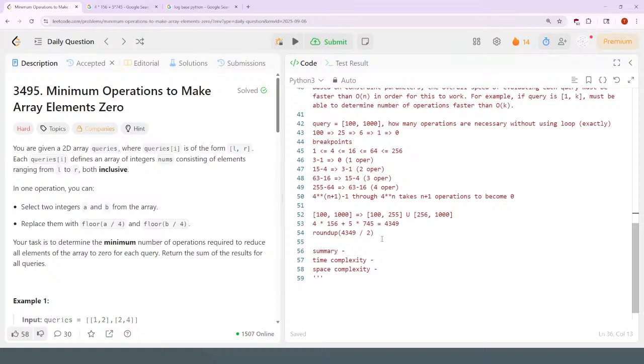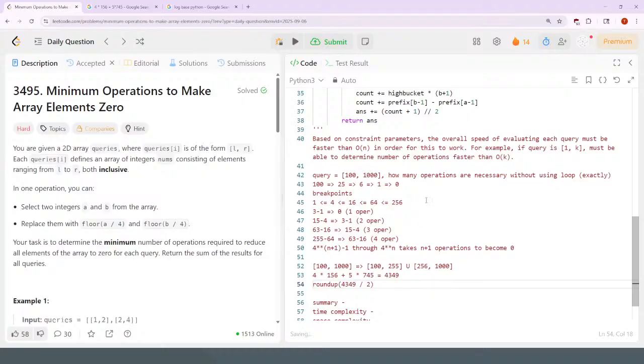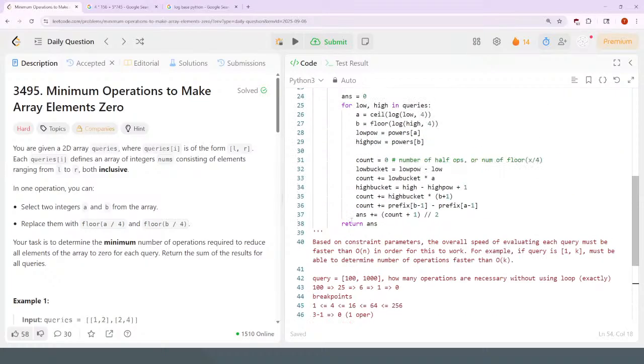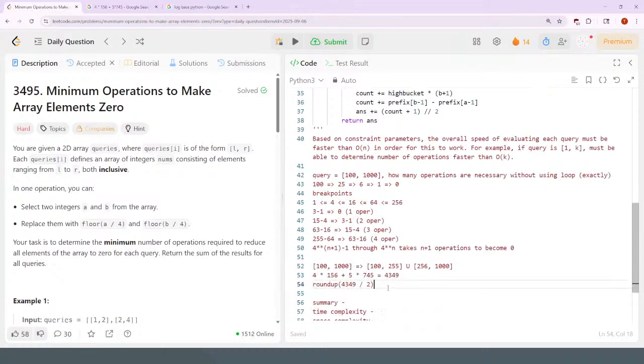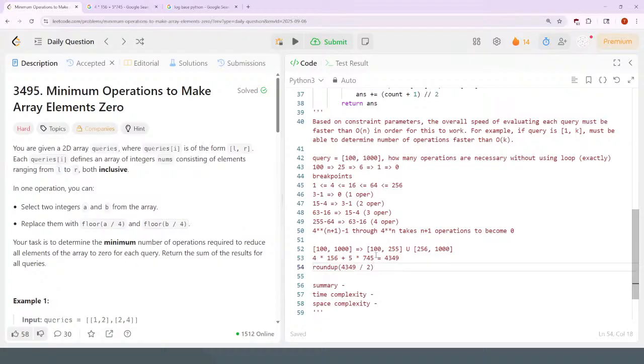Okay, so I think I'll keep the notes, because if you understand the notes, it's just a matter of translating that to some logic that encapsulates that line of thinking. So summary, look at the notes to see the logic of how to count number of operations.